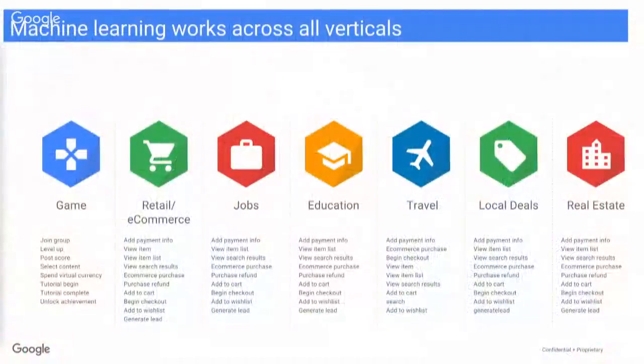Yeah, so that's actually a really great transition here into the next slide. Machine learning essentially works across all verticals, and we understand that every app is different, and across different verticals, each app is going to have different types of events that matter to that business. And as JR just mentioned, gaming. A gaming app might have actions that are more around the concept of achieving a certain level within the game, or finishing an in-app purchase within the game.